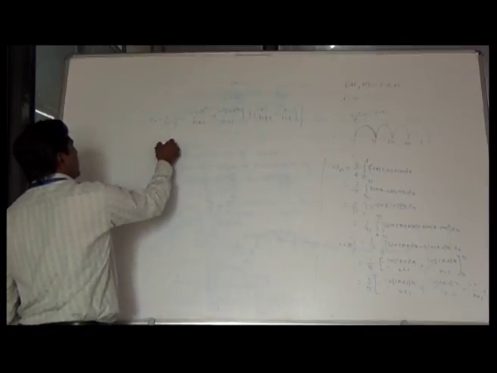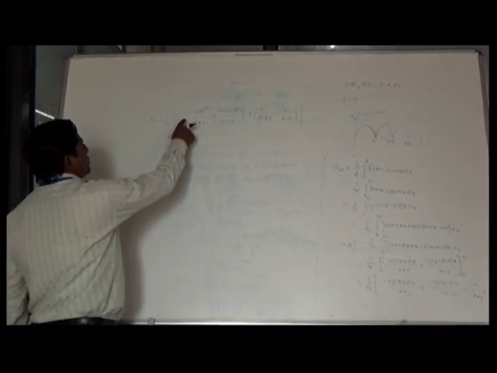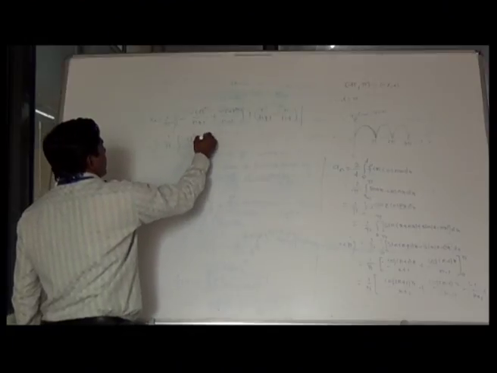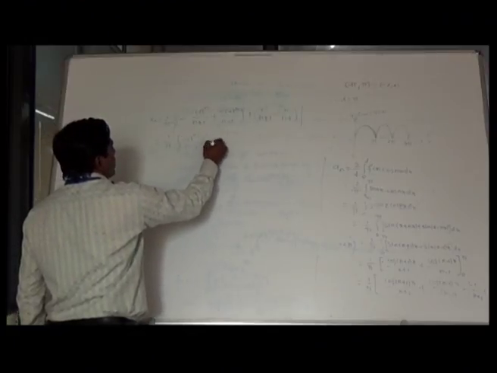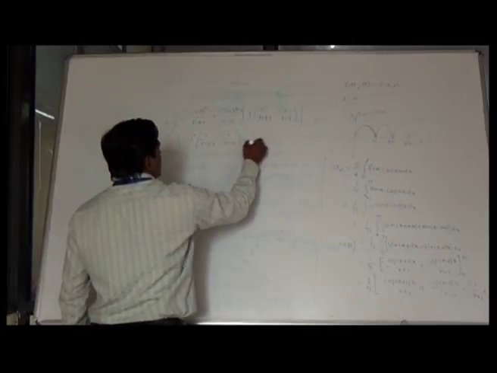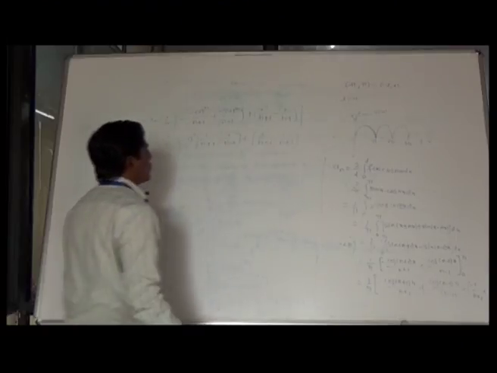It is the same as 1 upon pi. Taking minus 1 raised to n outside into bracket, 1 upon n plus 1 minus 1 upon n minus 1 plus 1 upon n plus 1 minus 1 upon n plus 1.